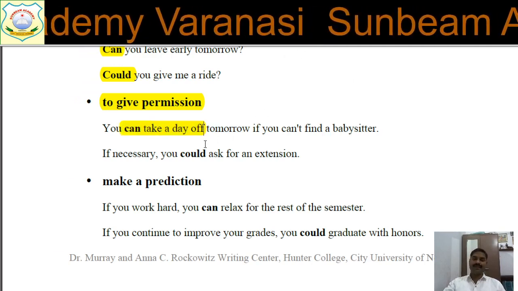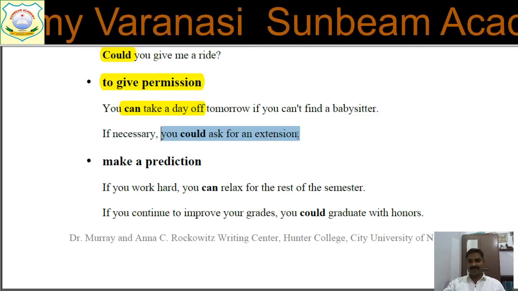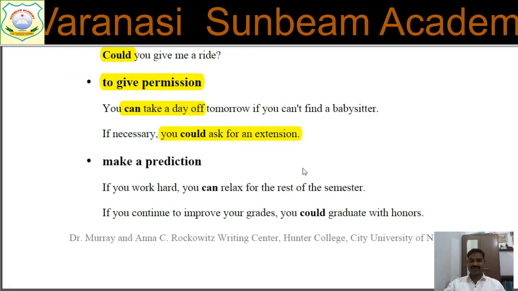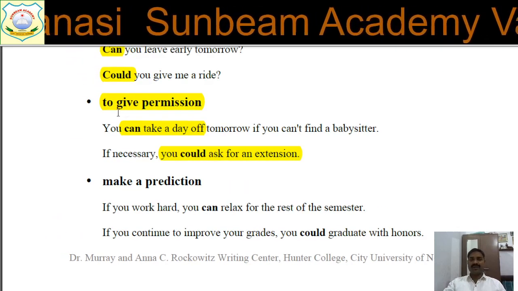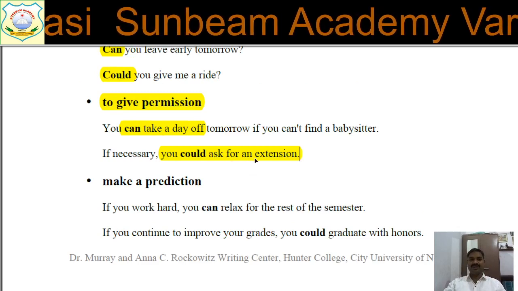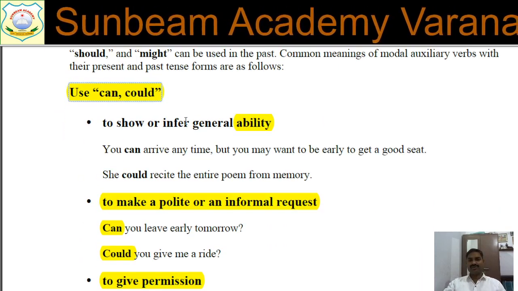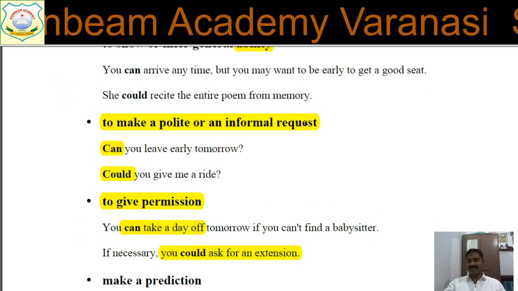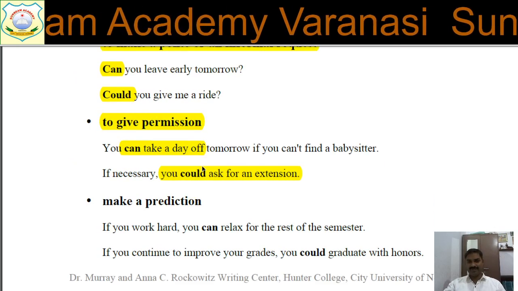Okay, next is if necessary you could ask for an extension. Okay, means in addition of something. So there you are seeking permission. So you learned here that can and could, these things can be used to show ability. These things can be used to show polite or informal request. These things can be used to give permission.